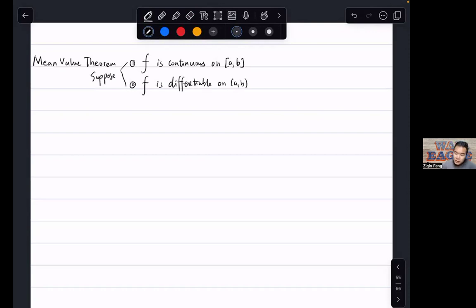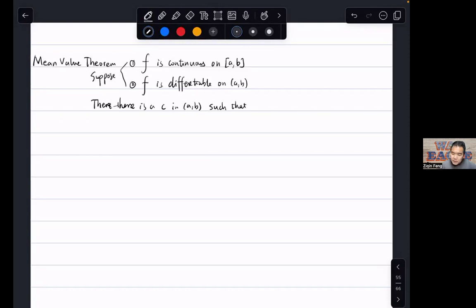So our conclusion is then there is a c inside (a, b) such that a good thing happens.